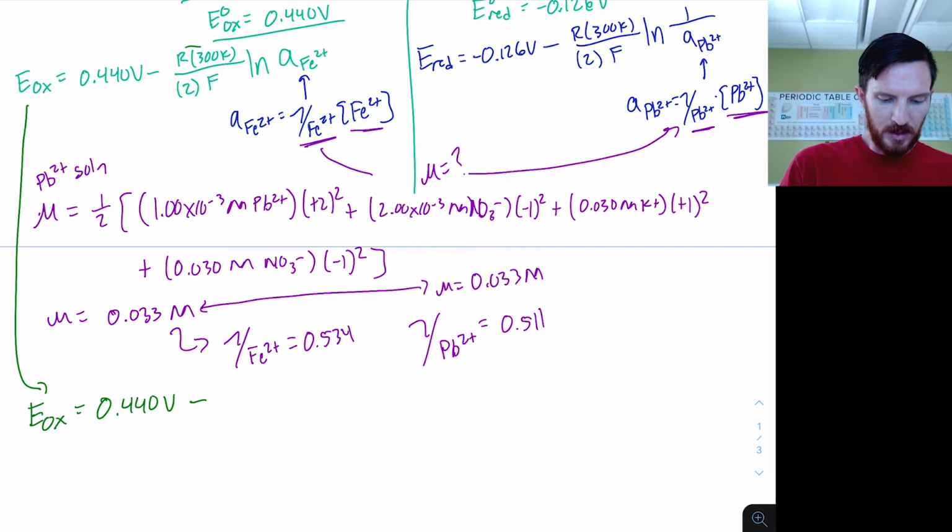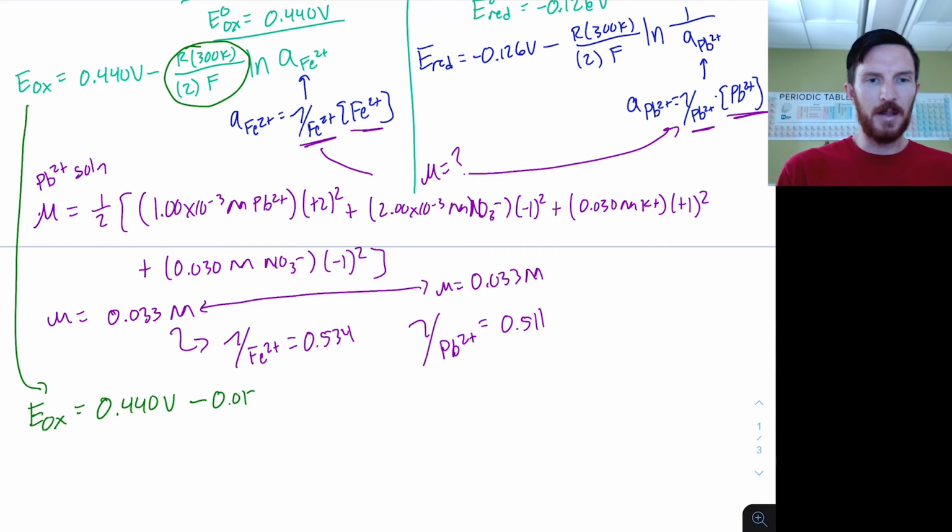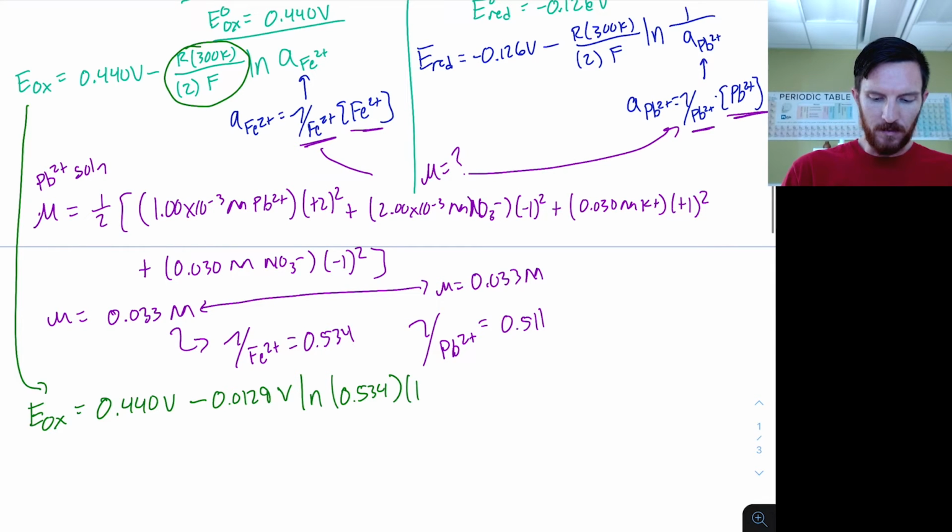Our oxidation potential is 0.440 volts minus, calculating all of those together, 0.0129 volts, times the natural log of our activity coefficient of our iron ion, 0.534, and then the actual concentration of those iron ions, 1 times 10 to the negative third.